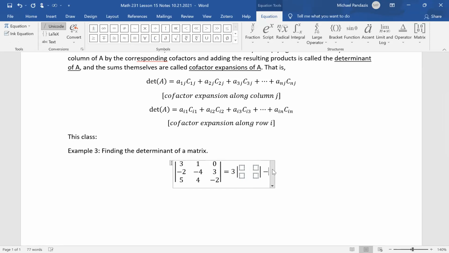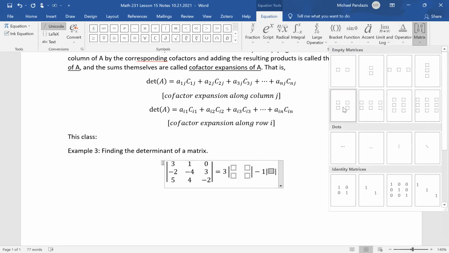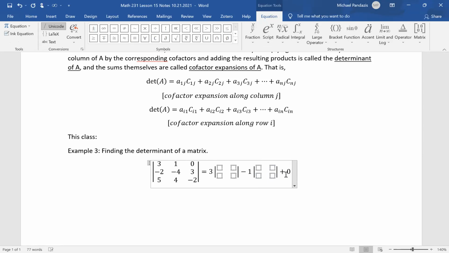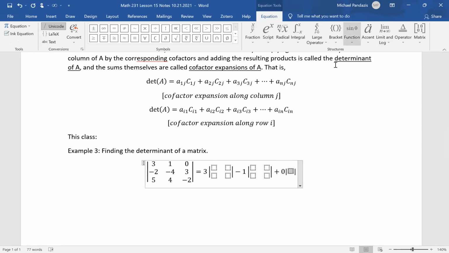Then you subtract 1 times another corresponding matrix. And then you add 0 times another corresponding matrix.